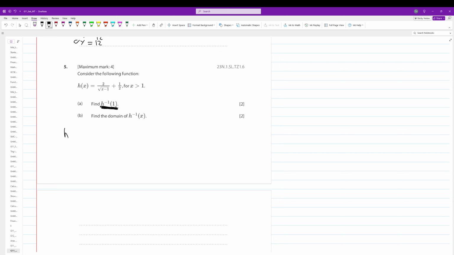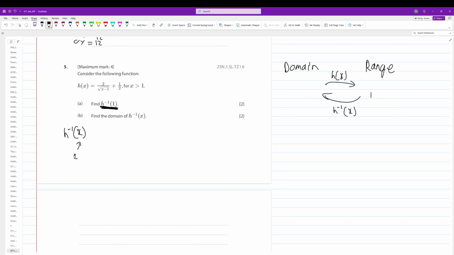Sure, I could find the inverse of x and then make x 1 and see what I get. Or I could think a little bit deeper about what happens between the domain and the range of different values. h of x will take numbers from the domain to the range, and the inverse will go the other way.